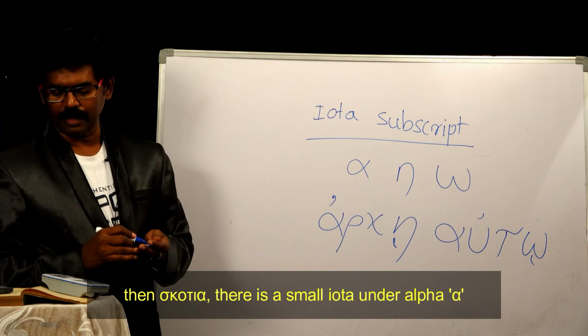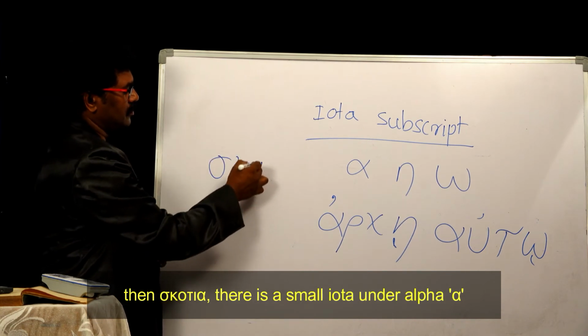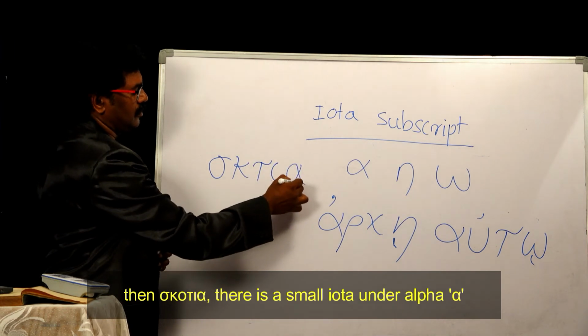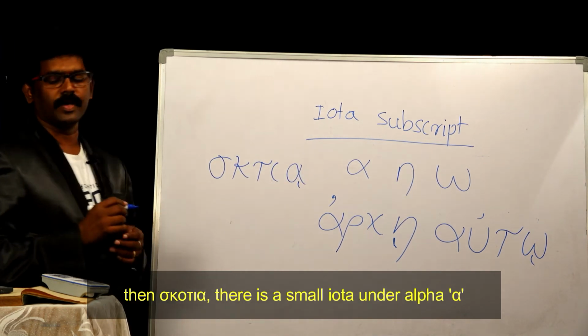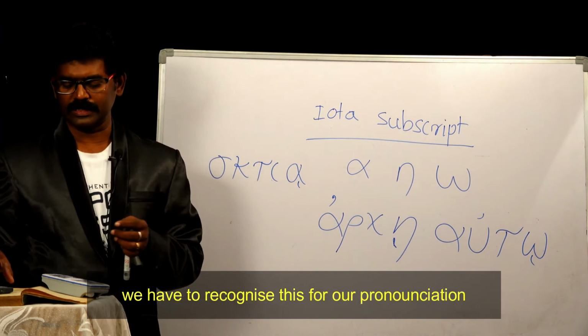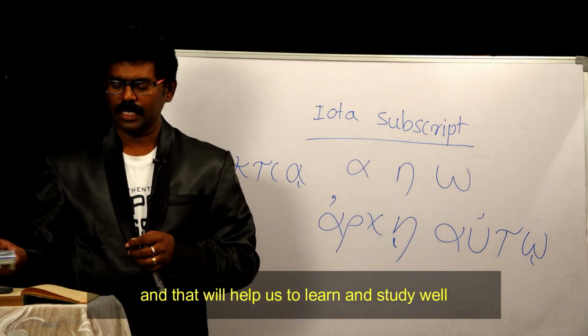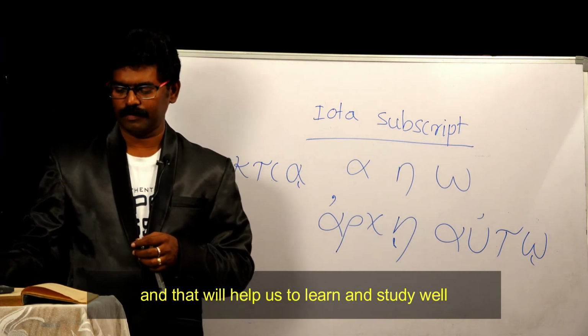Then here, there is a small iota. Then here, there is a small iota. We have to recognize this for our pronunciation, and that will help us to learn and to study well.